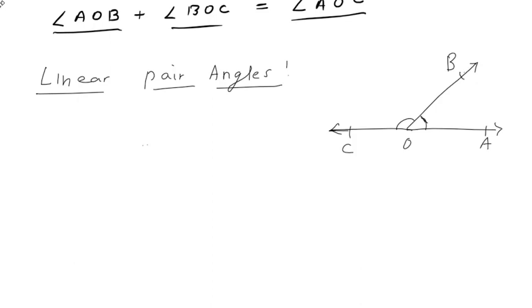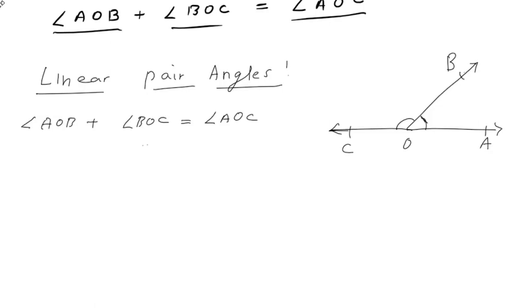The sum of these two angles is 180 degrees because we are getting a straight line. Here we are getting angle AOB plus angle BOC is equal to angle AOC, right?